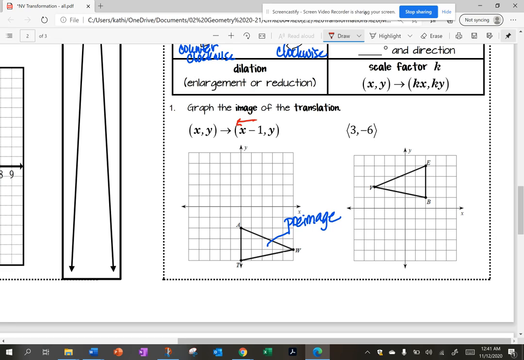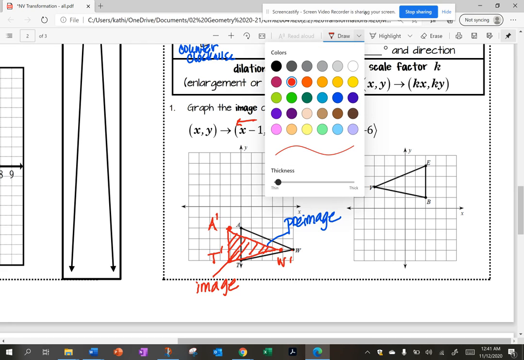I go left 1. So each vertex, I'm going to go left 1, and I'm going to add a prime to my point. So A prime. And go to the left, T prime. I'm going to go to the left, W prime. Okay, so this is my image. Okay, so this is giving me the rule.